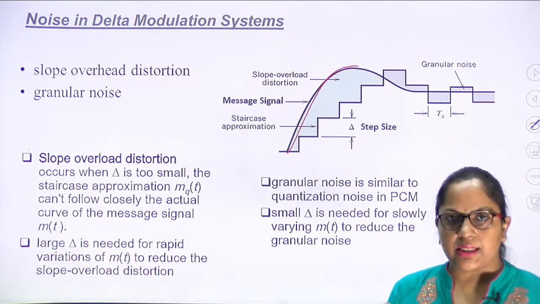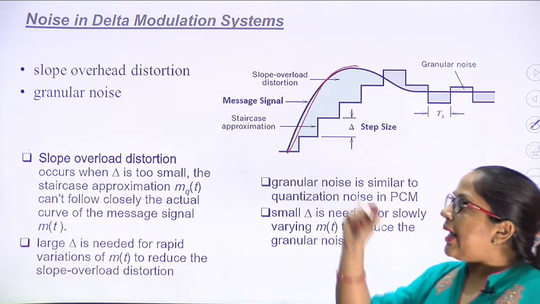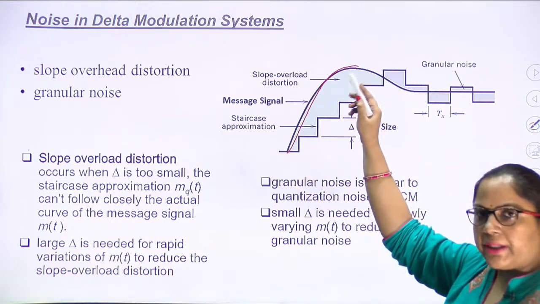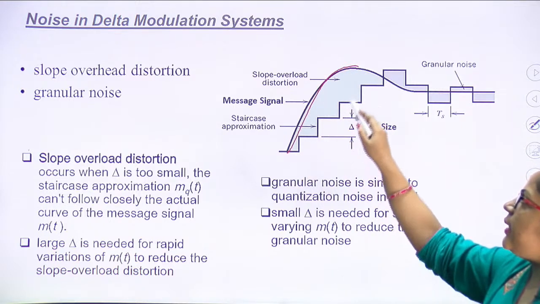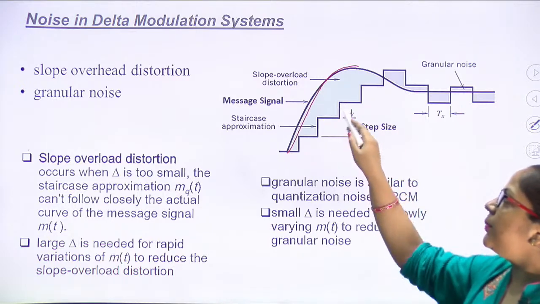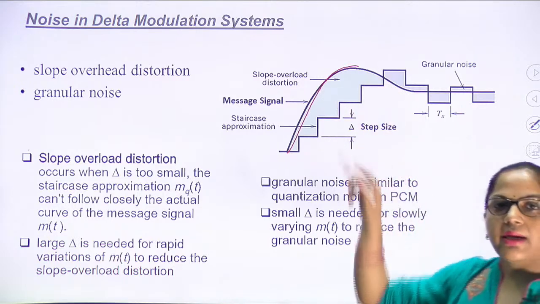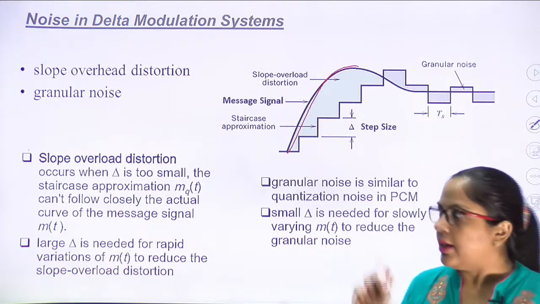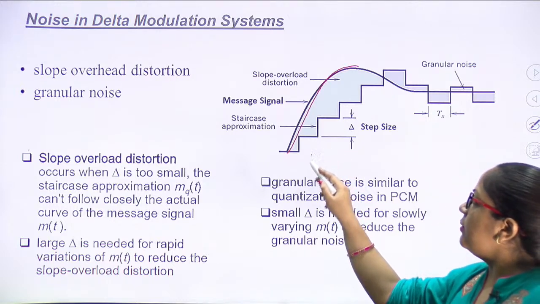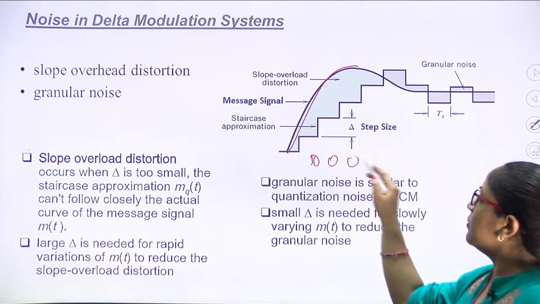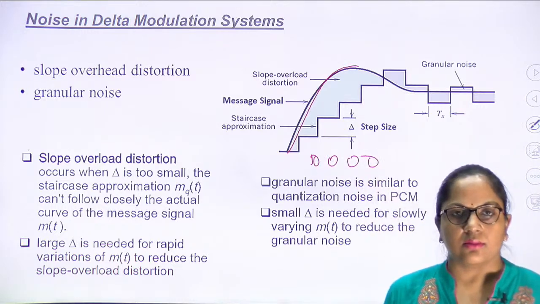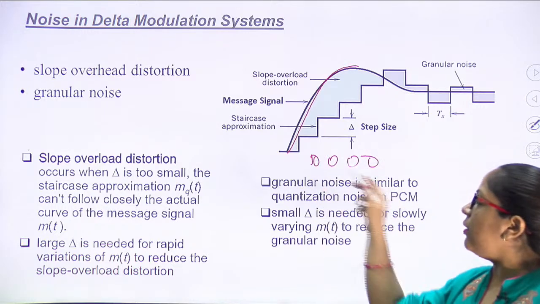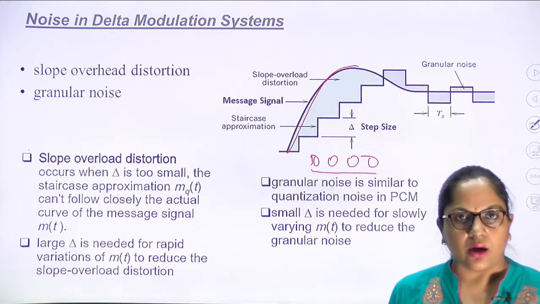If we have fixed the step size too low and our information is varying too rapidly, then this staircase approximation may not be able to strictly follow the rapid changes in the information, and we may get the wrong bit or the wrongly encoded output.